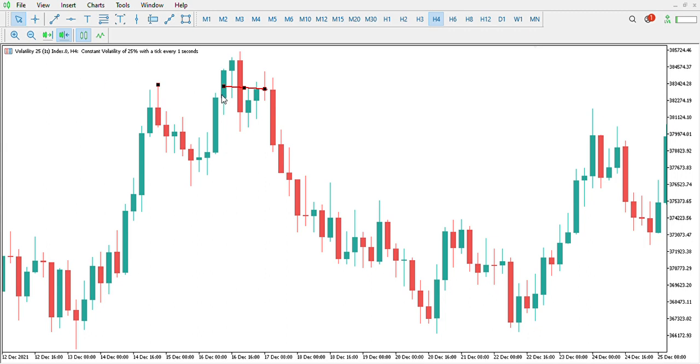What's wrong with this? What's wrong today? Okay, what's happening? Where is the problem today? Let me use this rectangle. There is a break of structure there. Are you seeing my point here? Today I've just used... what's happening?